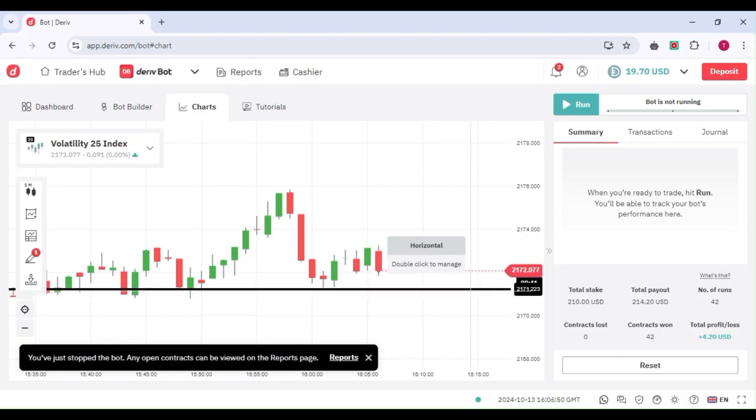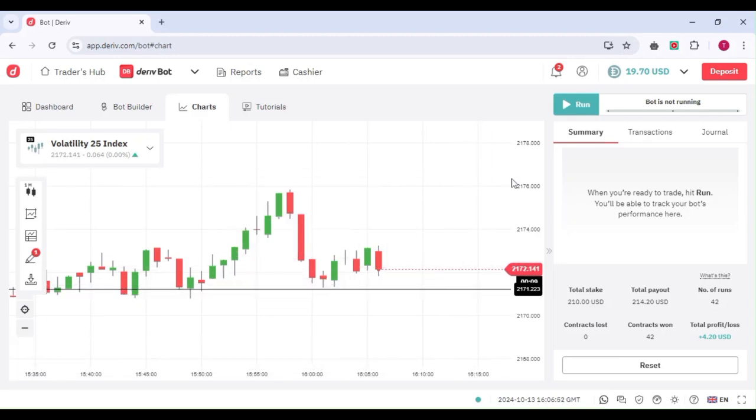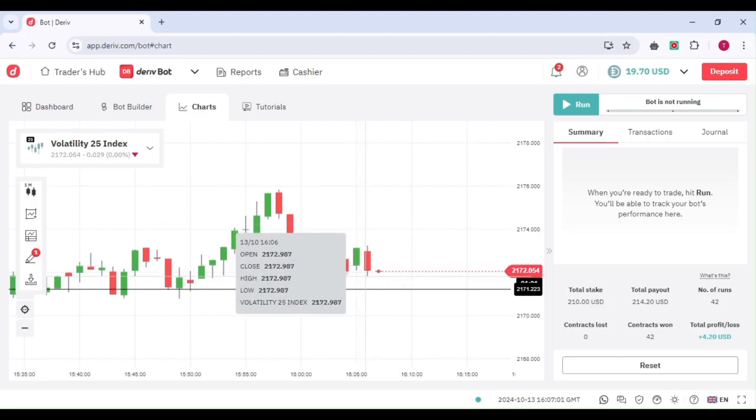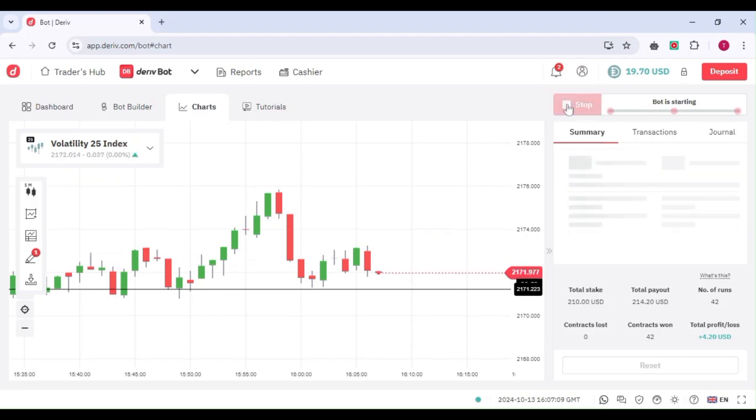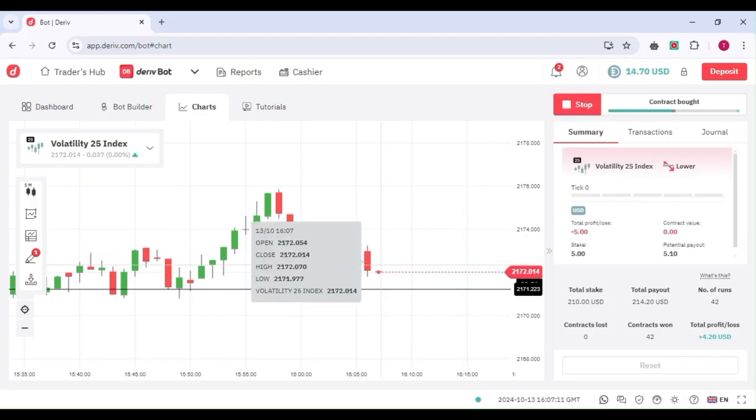So when this time elapses, when it tries to form the next candlestick, it might make a small spike that will get you taken out of that market. So when you see it is almost collapsing, just close your trade and wait for the next.